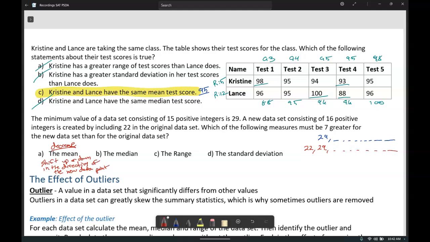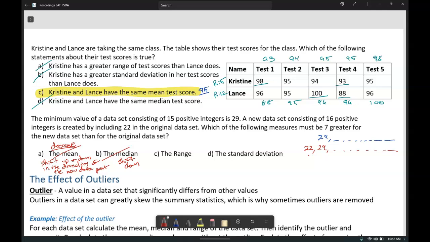Then we think about the median. The median is going to have a similar effect. It's going to shift in the direction of the new data point, not as much as the mean, but because we're adding a new data point down lower, our median will also shift down. And so we know that the median is not the correct answer either. What about the range?